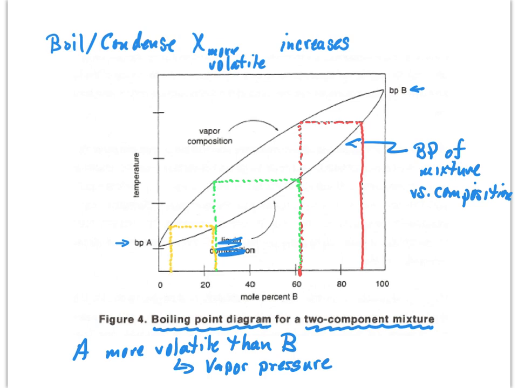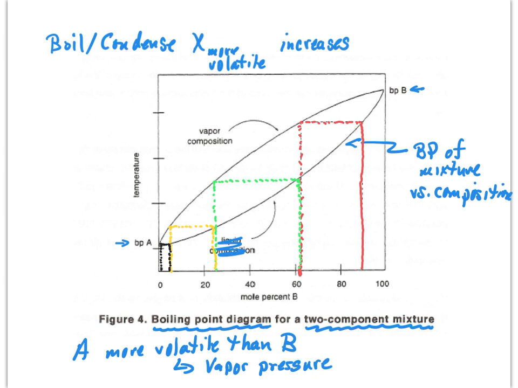And now we've got maybe 95% A and only 5% B. Let's try it one more time. So we boil it, get a vapor of that composition, and now we've got maybe 99% A and only 1% B.